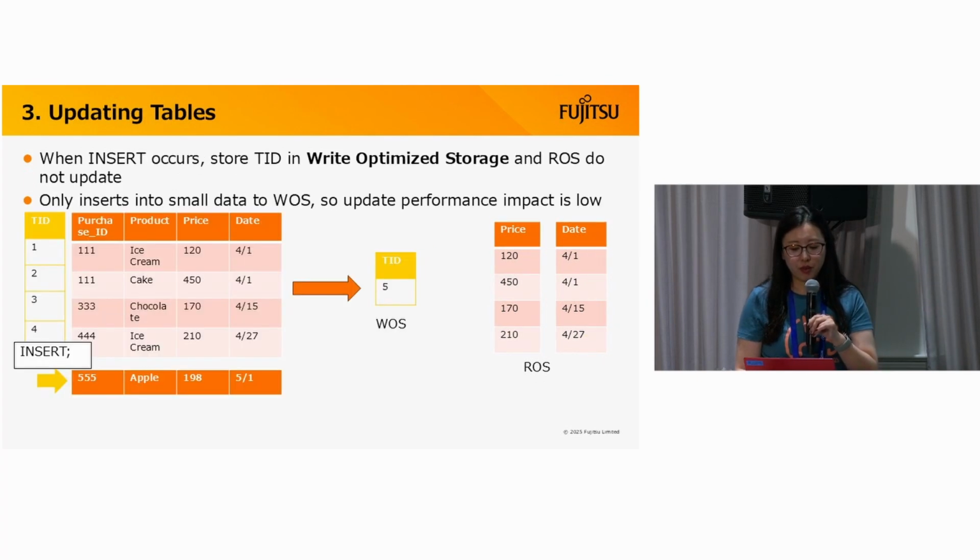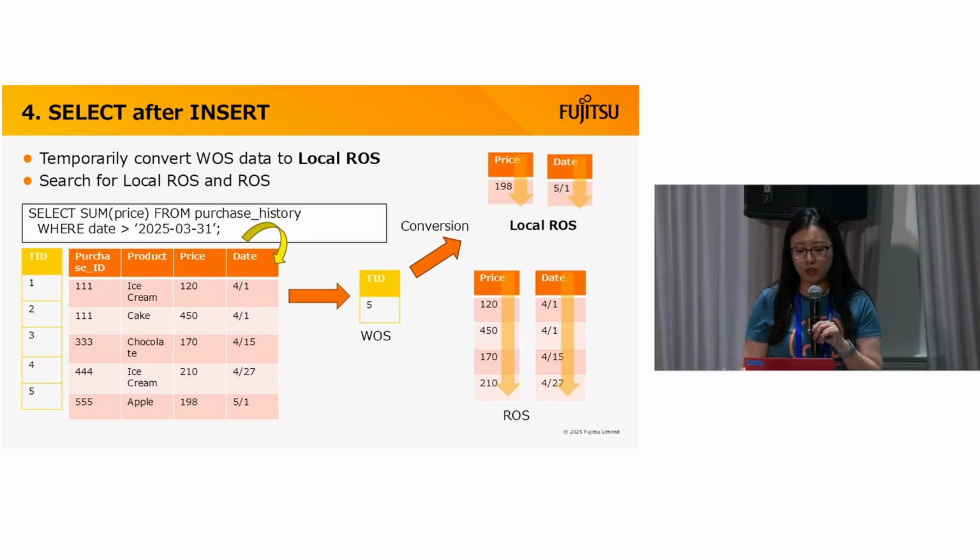This example inserts a tuple with TID 5 into the purchase history table. WOS then stores the tuple's TID 5. We do not insert price and purchase date into ROS. Suppose the select statement comes after the insert.